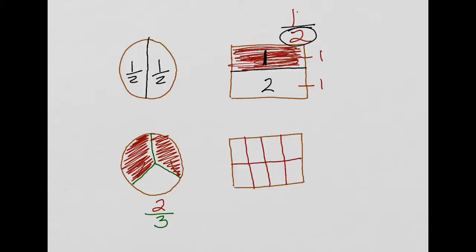Okay, so I just drew a cake, and there are 1, 2, 3, 4, 5, 6, 7, 8 total pieces. That will be the bottom number. Now say Paul came along and Paul ate 1 piece this morning for breakfast.